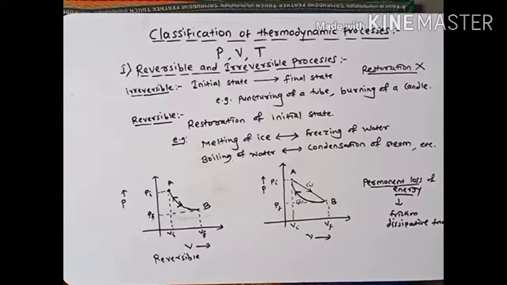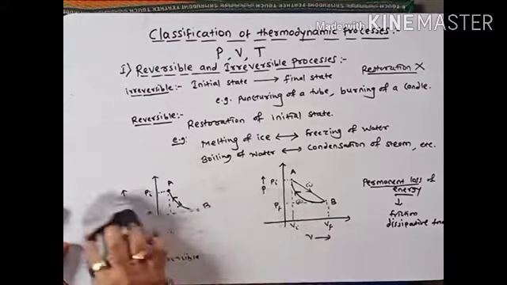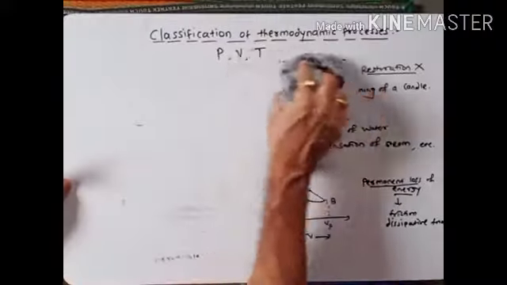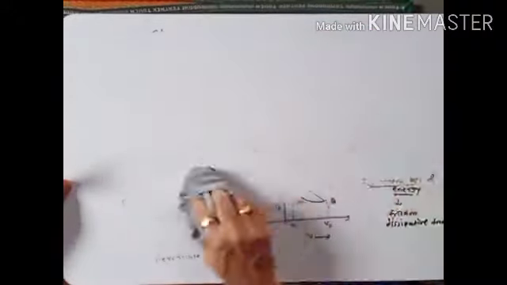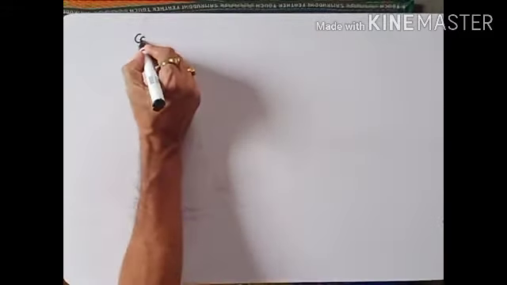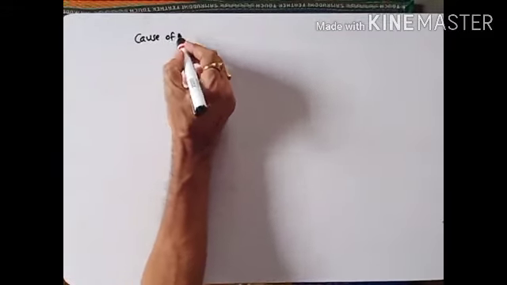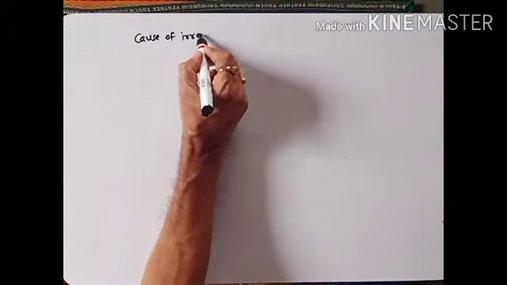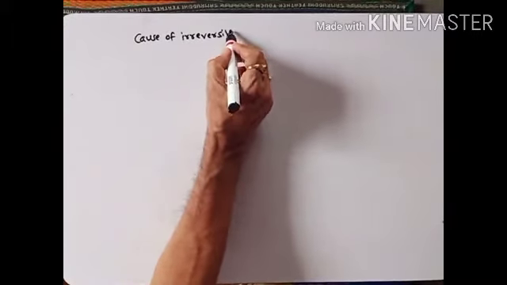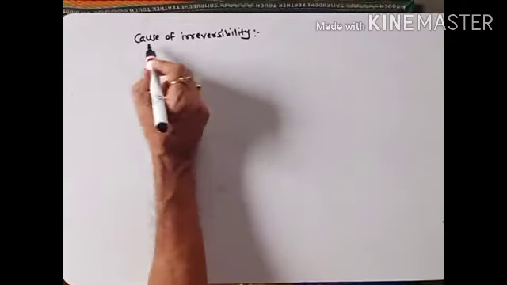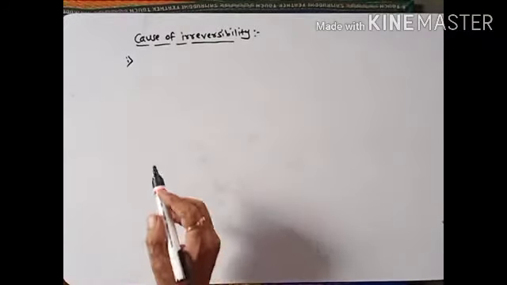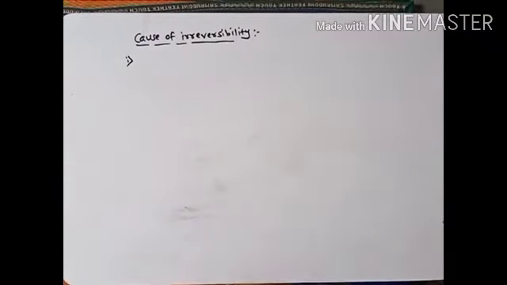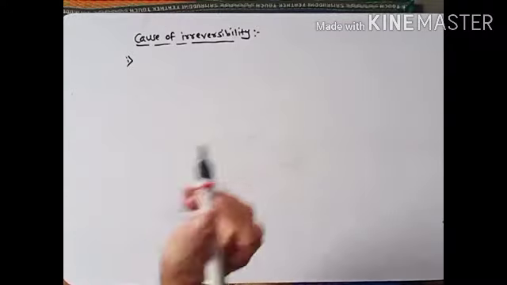Now here we consider causes of irreversibility. What are the causes of irreversibility? First, many processes such as free expansion or an explosive chemical reaction take the system to a non-equilibrium state.